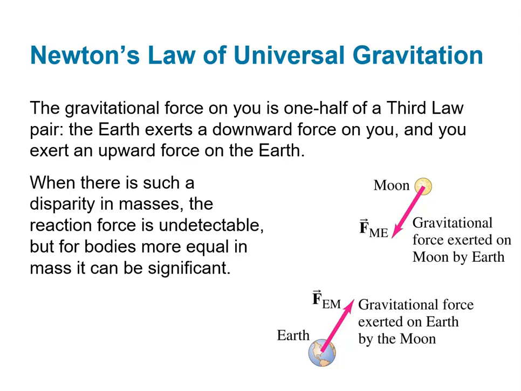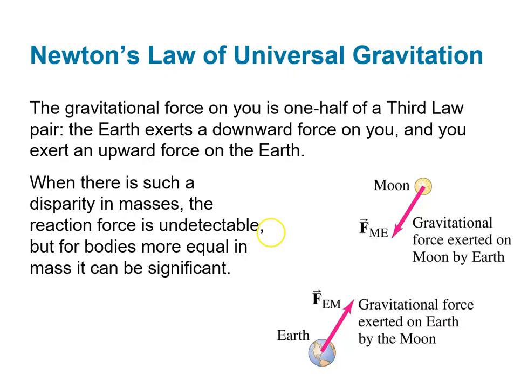Now, obviously the acceleration of those objects is not always the same, because the Earth has much more mass than most objects that are either on it or something like the moon that's not sitting on the Earth but is not that far away relatively.